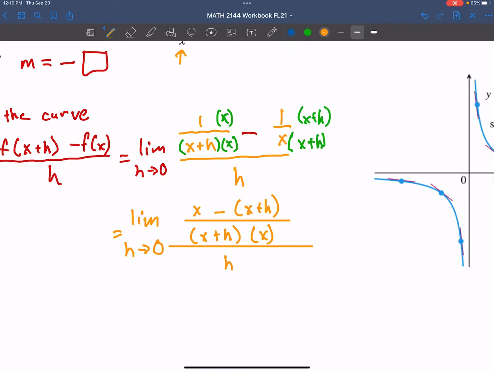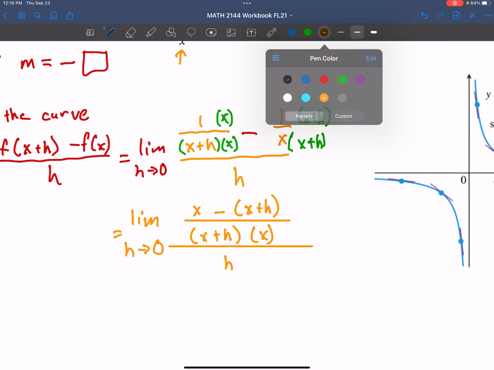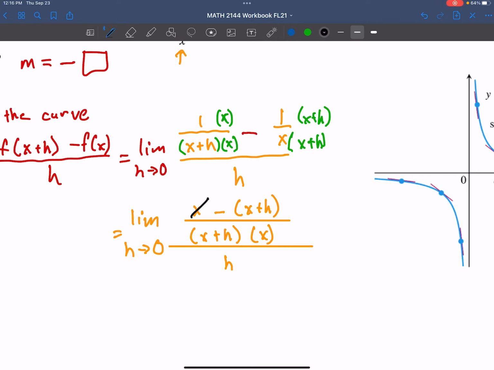So we can do some cancellation. The cancellation that will happen is that this x will cancel with this x. So let's just do the limit as h approaches 0 of, now we have minus h over x plus h, divided by h. I'm going to switch this horizontally because sometimes it's a little easier to see. When you divide by h, notice that this h is going to cancel out with this one because you're multiplying by the reciprocal.